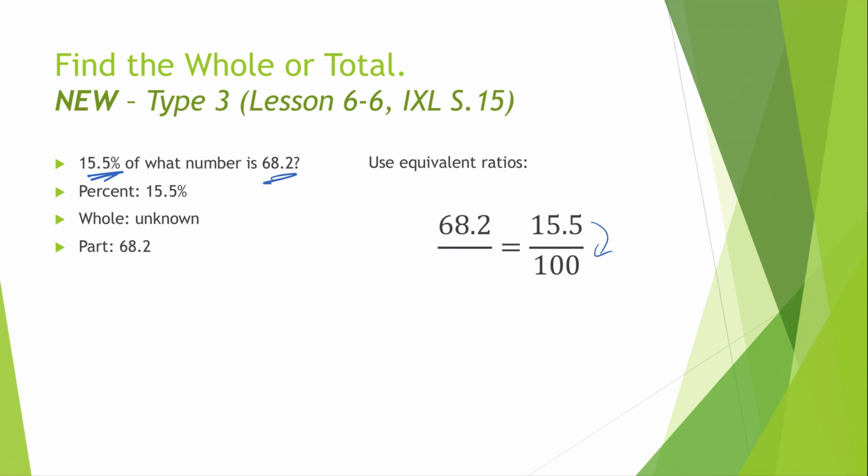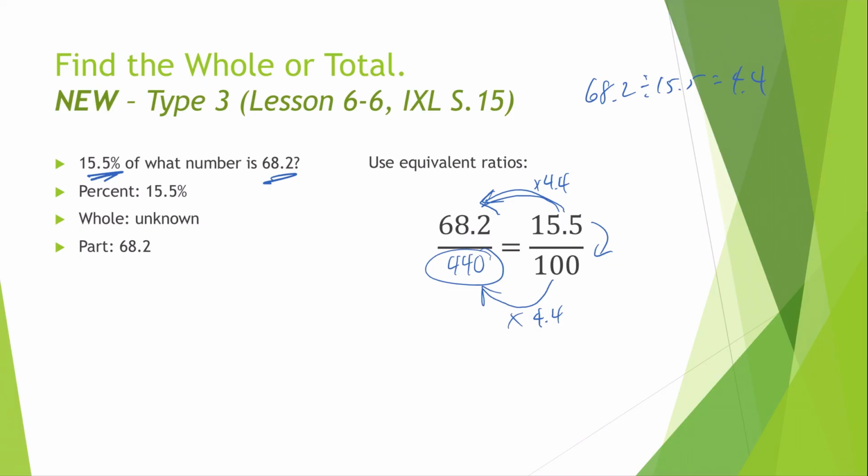But if you check this way, believe it or not, if I just do 68.2 divided by 15.5, it comes out to 4.4, which means that 15.5 times 4.4 would give me this number. So then I just have to multiply 100 by 4.4, and that'll give me the whole. So 15.5% of 440 is 68.2.